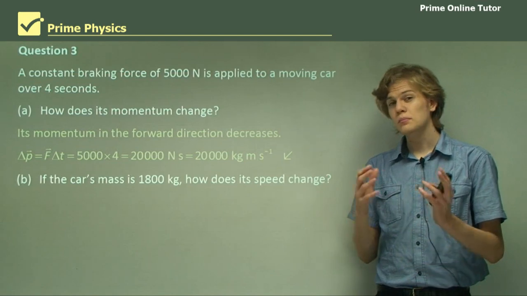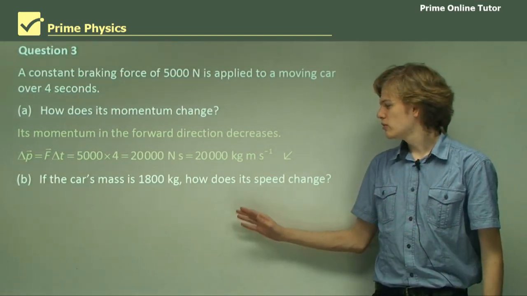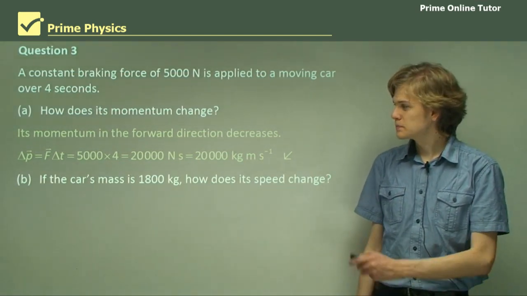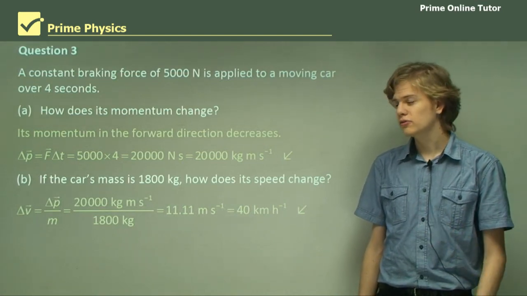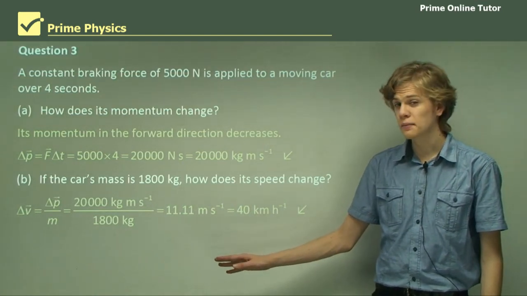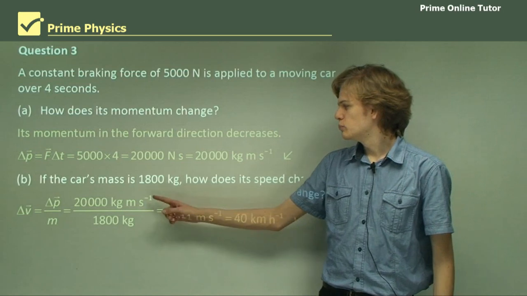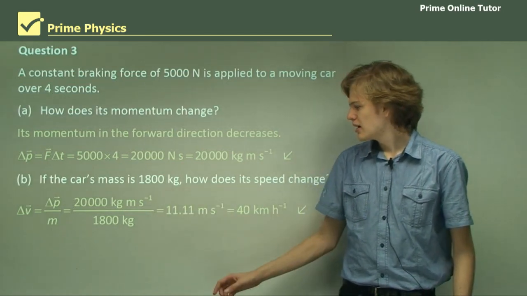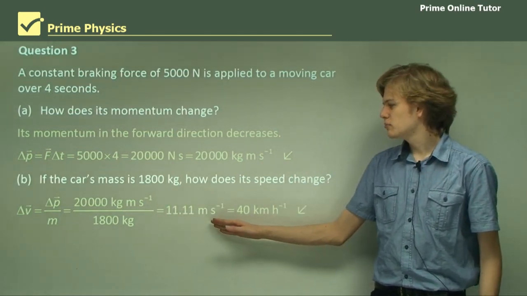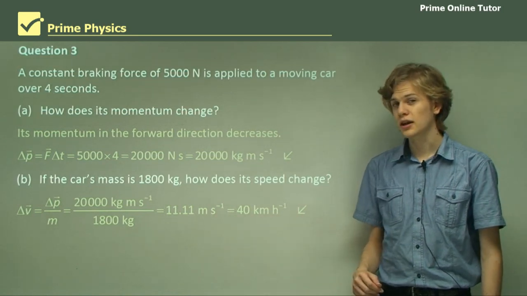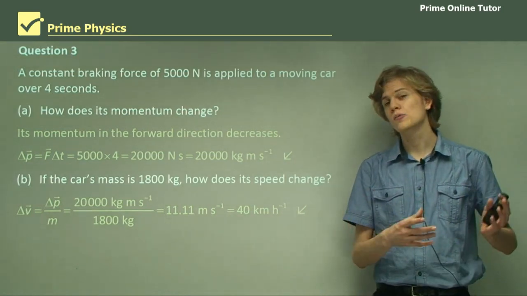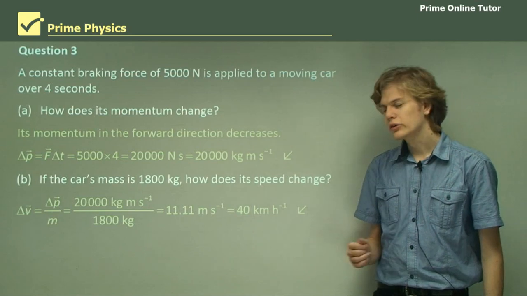And so using p = mv, we can figure out how much the speed will change. We make v the subject of the equation, v = p/m. We substitute momentum and mass, and end up with a speed change of 11.11 meters per second. And of course, it's in the backwards direction. This equates to 40 kilometers per hour.